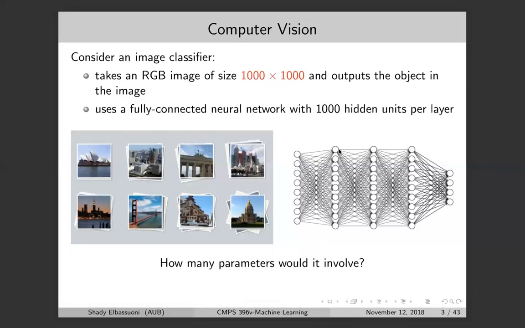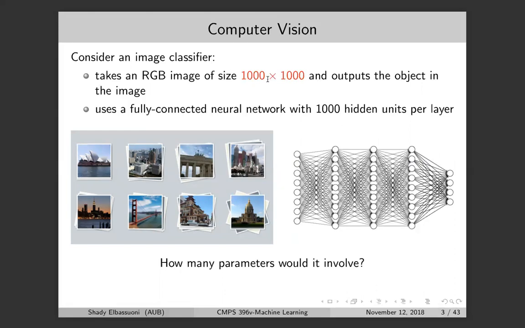Okay, how many parameters would this neural network involve? Any thoughts on this? So parameters means what? Weights. 1 million. Okay, so it's more than 1 million. 1 million is basically the number of the features, right? So if you have 1000 hidden units here, then every neuron gets 1 million inputs on its own. In fact, it's not even 1 million, it's more than 1 million because you have an RGB image. So the pixels are 1 million, but you have them multiplied by 3.